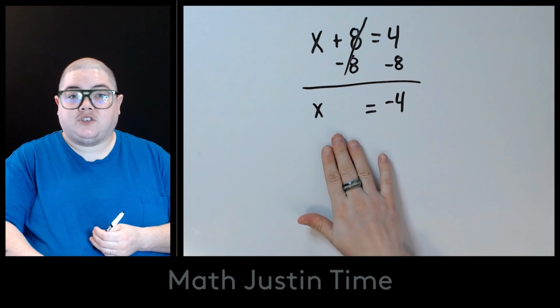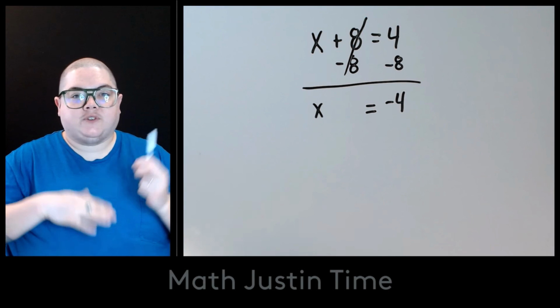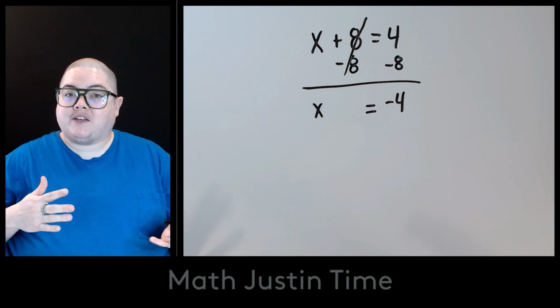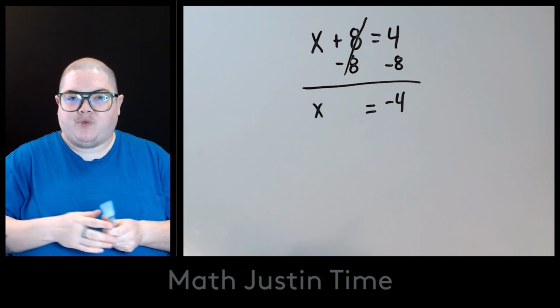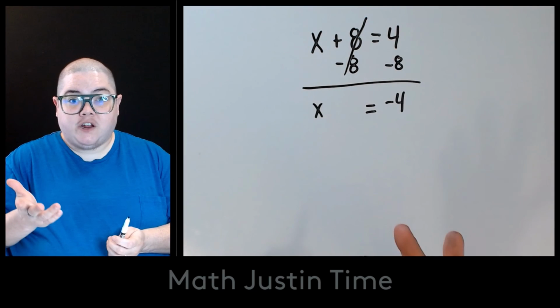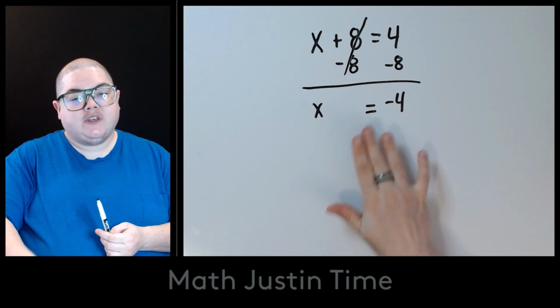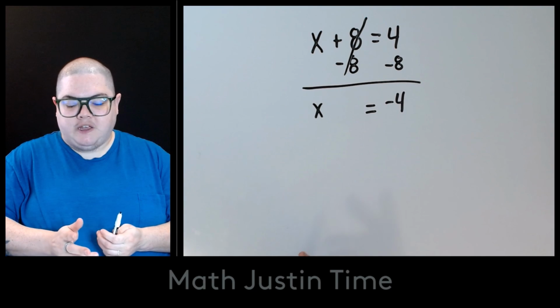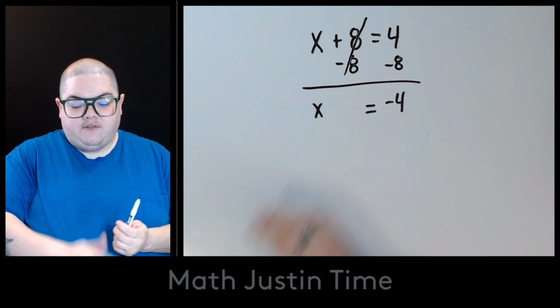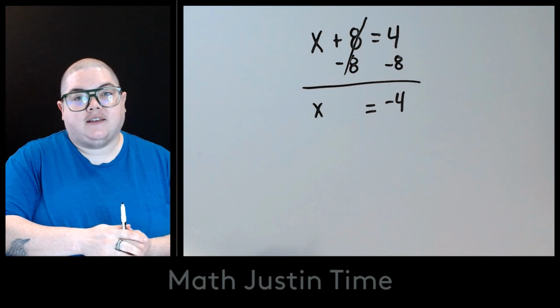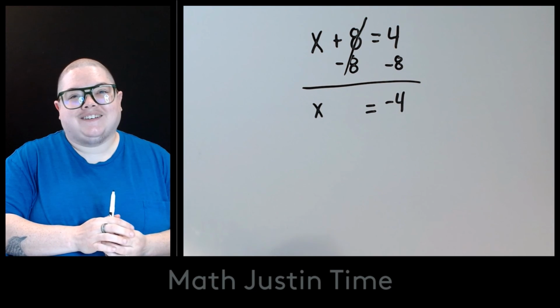Now this is just fine. Remember, variables can be any number. Positive, negative, 0, rational, irrational. They can be any number. And so imaginary, which we've learned about, can be any number. So this situation works. But let's make sure. What's negative 4? So we plug this in. So we would have negative 4 plus 8. And that does equal 4. Very good.